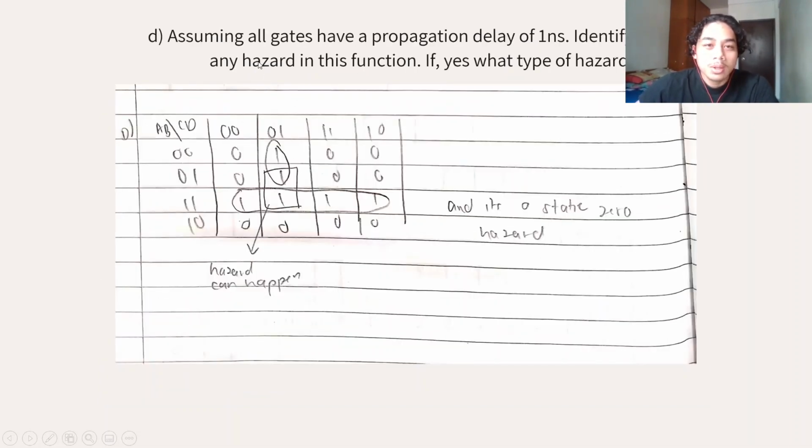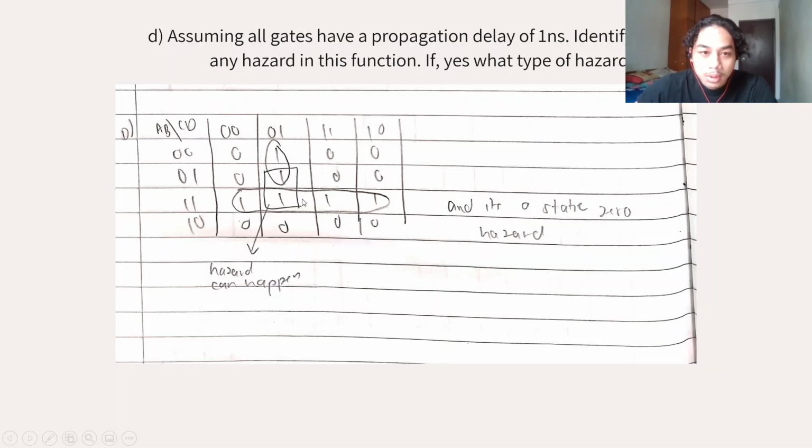Question D. Assuming all gates have a propagation delay of 1 nanosecond, identify is there any hazard in this function? If yes, what type of hazard? To find the hazard, we need to find the ones that are adjacent to each other but not in the same group.